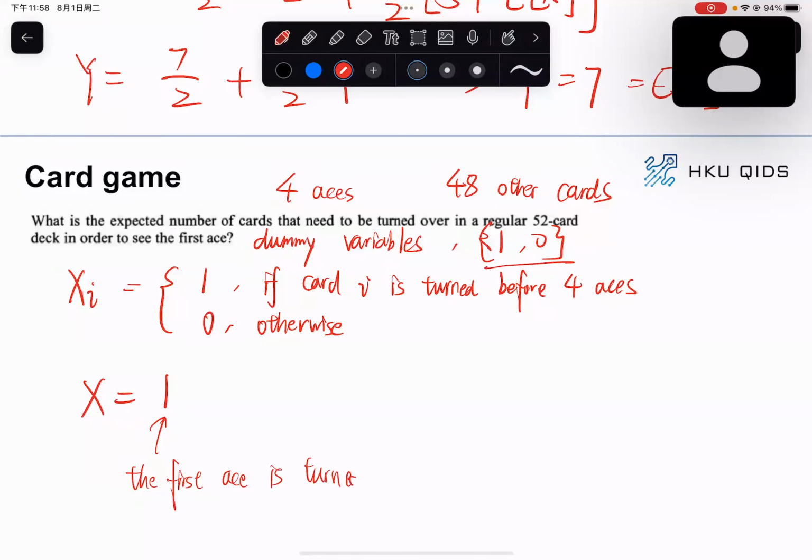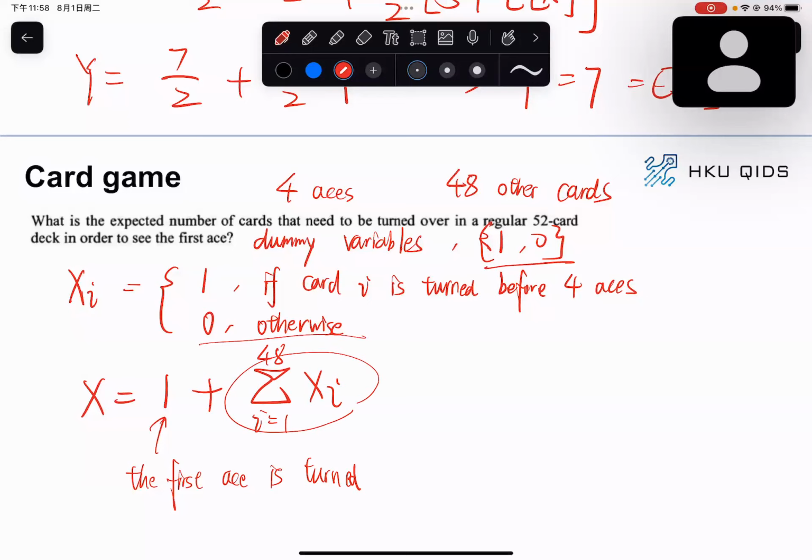So it needs to be counted as 1 time, okay? And plus what? Plus the sum of i equal to 1 to 48 of xi, right? Because in any other case that does not satisfy our condition, it is going to be 0. So the sum basically represents the total expected number. So it's actually a tricky way to convert probability into expected number, okay?